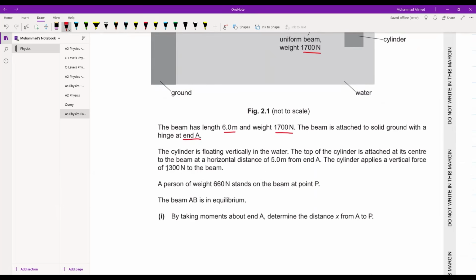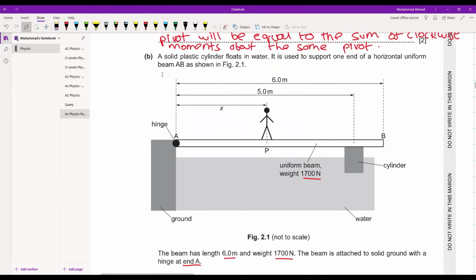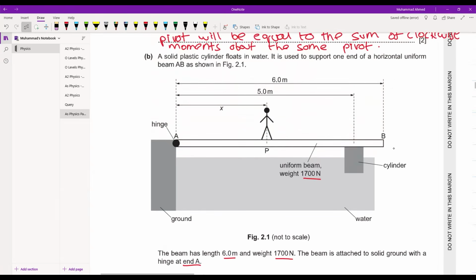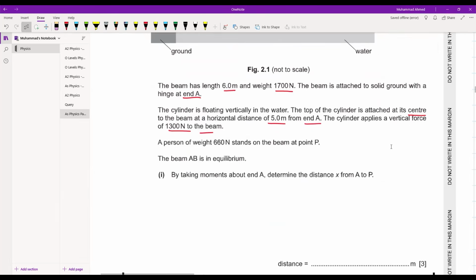The top of the cylinder is attached at its center to the beam at a horizontal distance of 5 meters from end A. The cylinder applies a vertical force of 1300 Newton to the beam. The beam AB is in equilibrium.